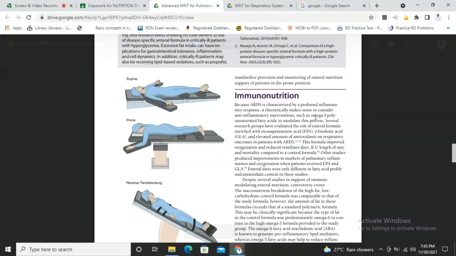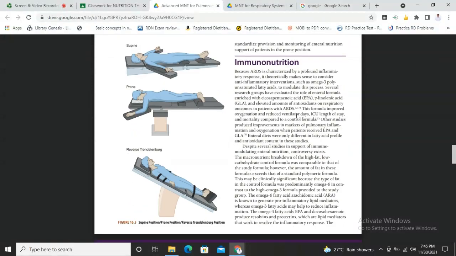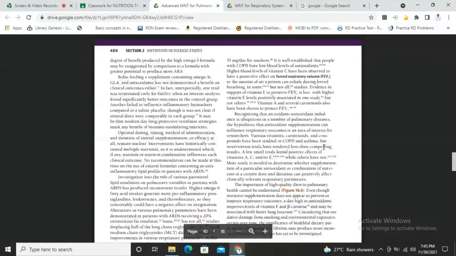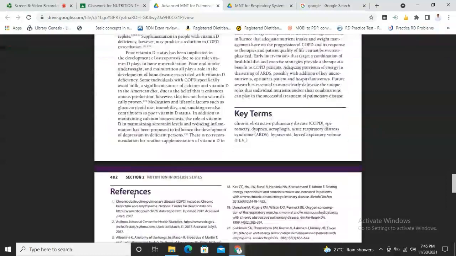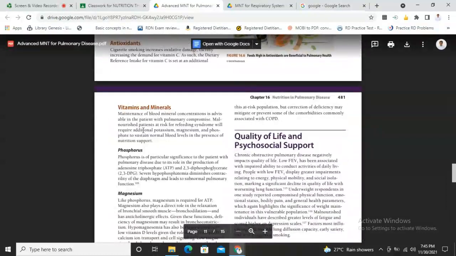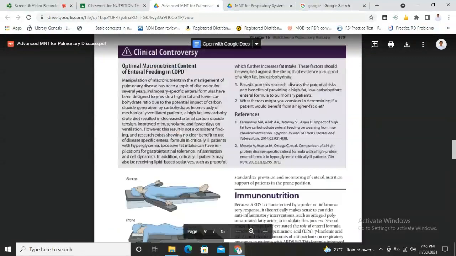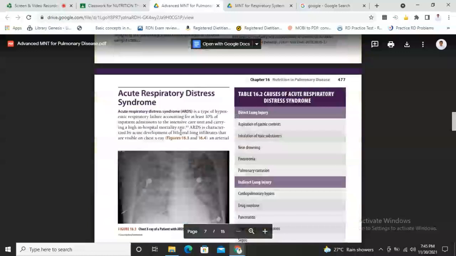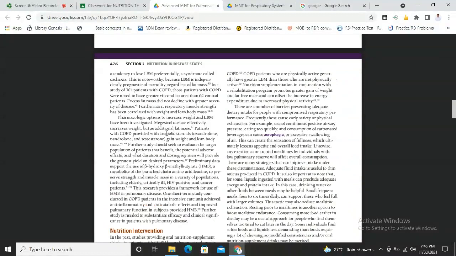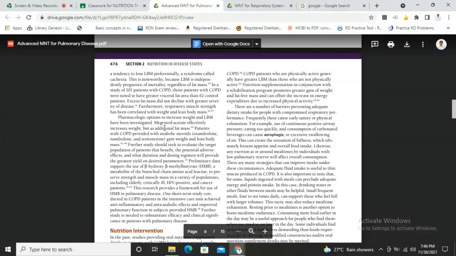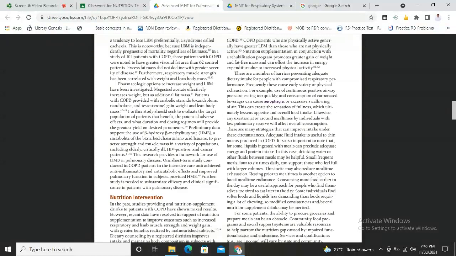Immunonutrition: what are the anti-inflammatory nutrients and antioxidant nutrients that might be helpful? Here there are micronutrients and antioxidants. Read about vitamin D, magnesium, and phosphorus. There is also the use of megestrol acetate, so what is that? And read about the effect of beta-hydroxy beta-methylbutyrate or HMB on protein and muscle mass.